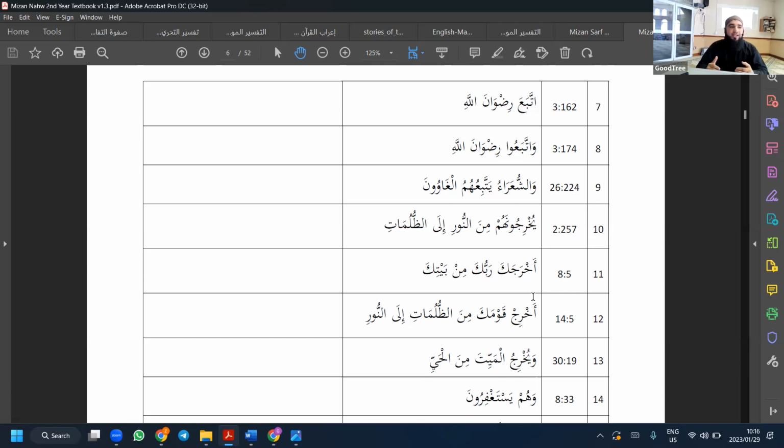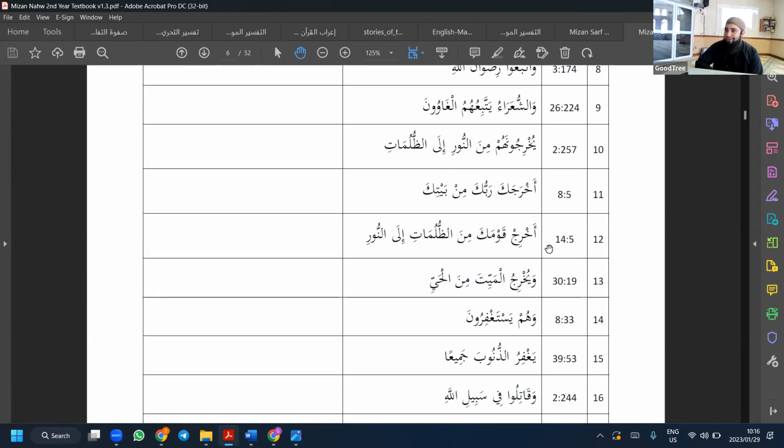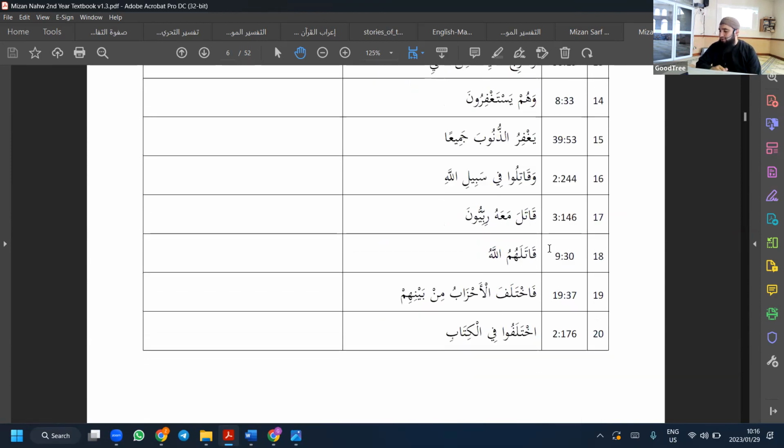To translate it correctly, you must keep in mind some of the things we covered last year: مفعول به, حرف الجر, اسم مجرور, مضاف إليه, all of those. But I want the translation and the فاعل, until number 20. Okay.